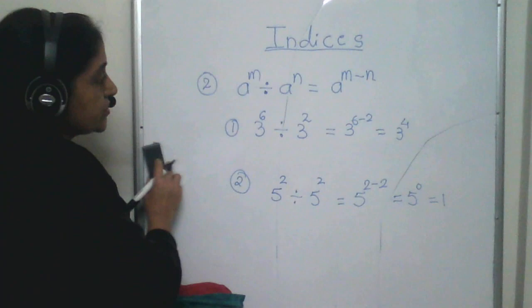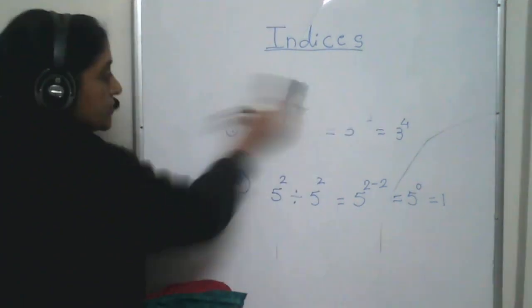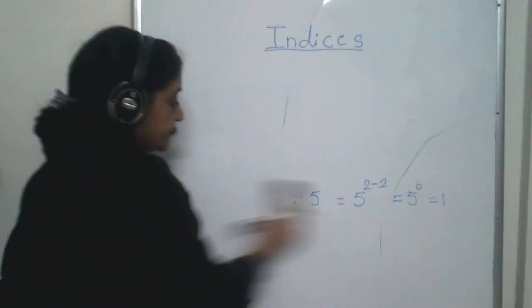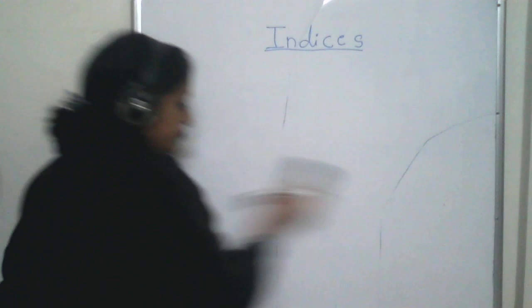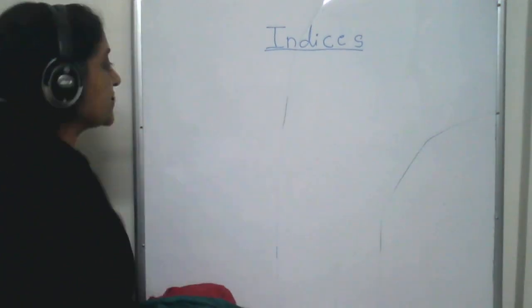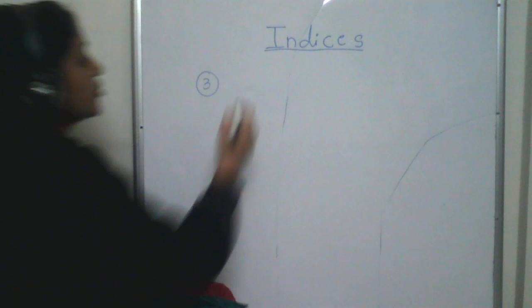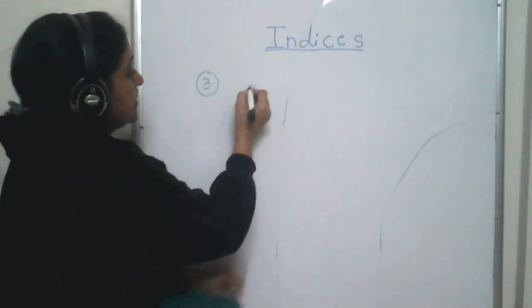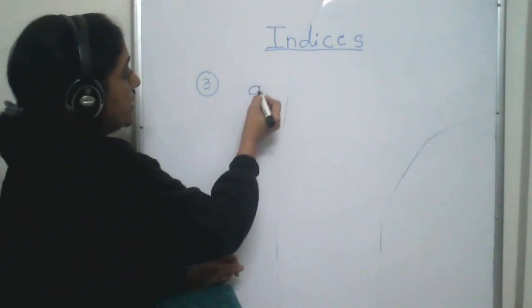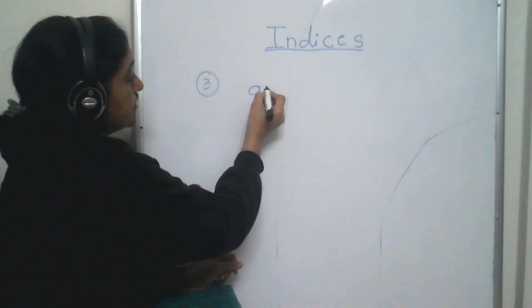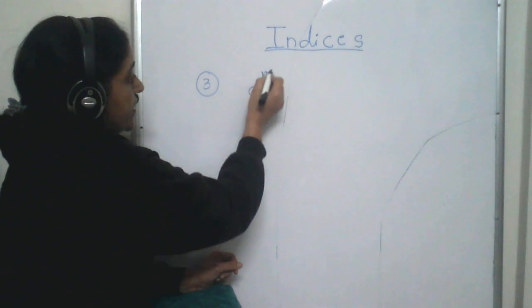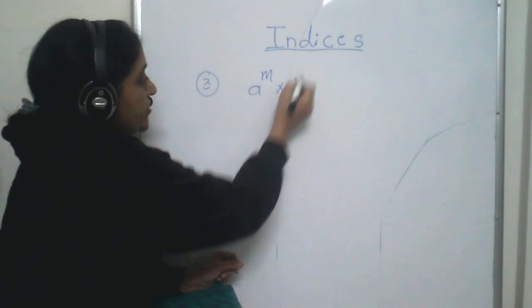Now let's go to the third law. As they were only a single base, now we'll take two bases, like a to the power m into b to the power m.